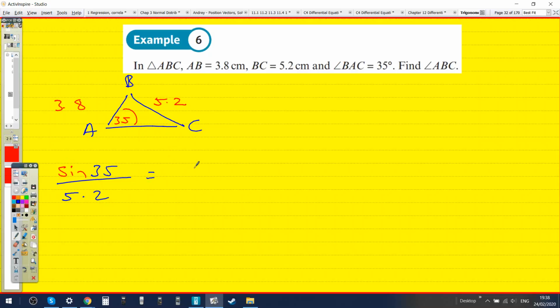Which angle is it? Okay. Which side do we know? Yes, equals. We know 3.8 and we know 3.8 as well. So let's use that one. And we'll get sine C.